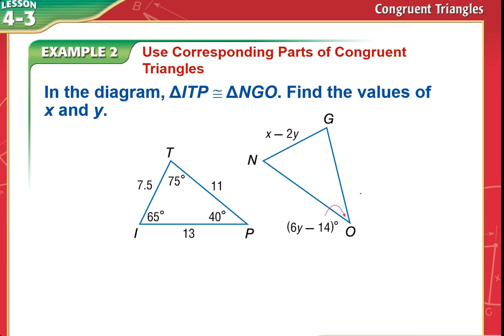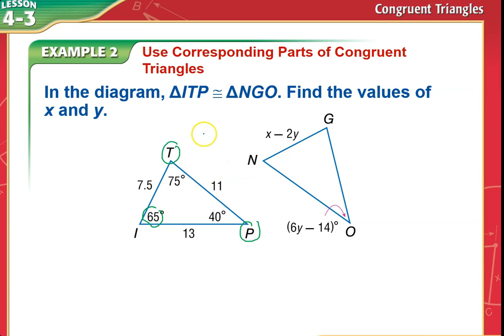Okay, in the problem, in the diagram, we know that triangle ITP goes from I, which is 65, to T, which is 75, to P, which is 40.